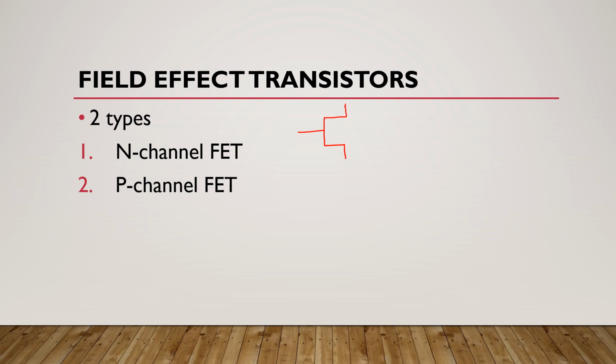Here the first terminal is drain, second terminal is gate and third terminal is source. Now the symbol of the N-channel field effect transistor is like this, where the arrow is here.